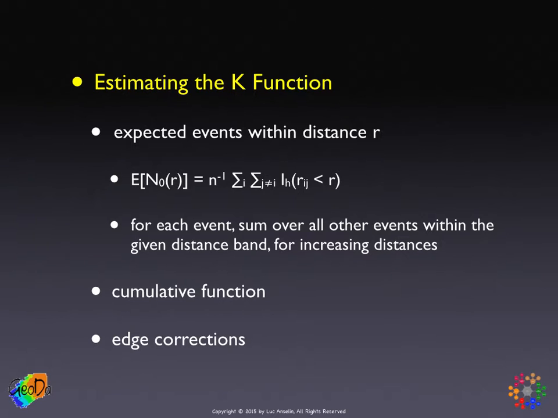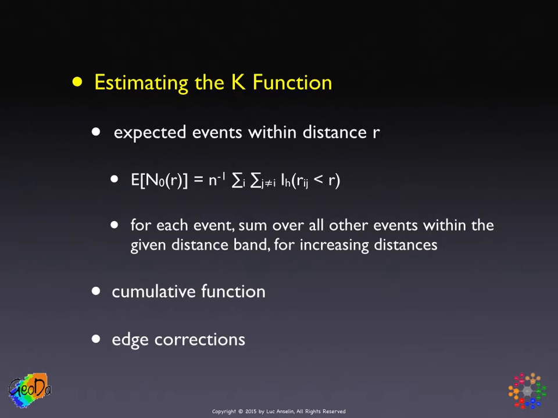As before, we have to figure out what the K function is under our reference of complete spatial randomness, in other words, a homogeneous Poisson point process. If we think about this, the expected number of points equals the intensity times the area.